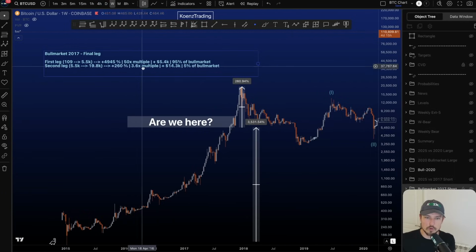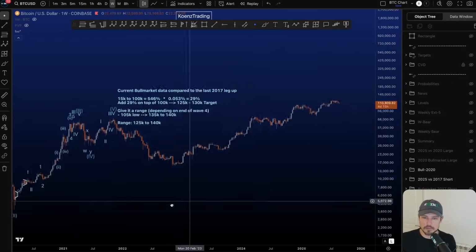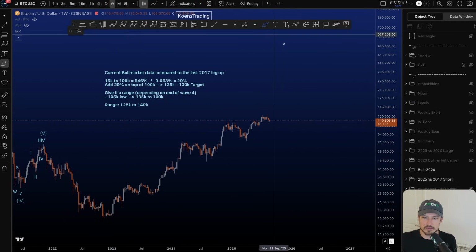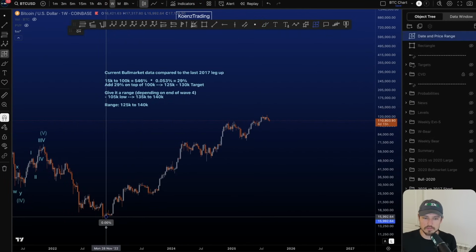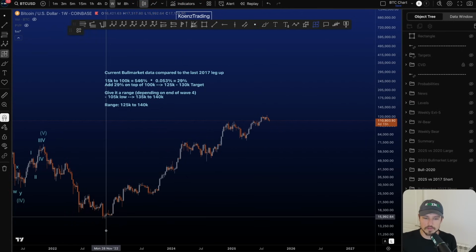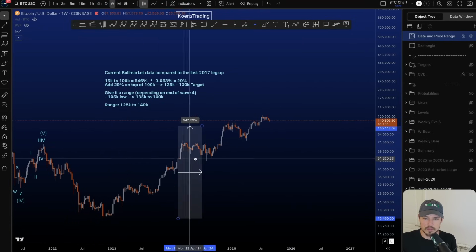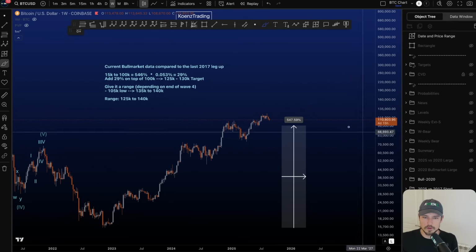So if we now compare this data with where we are at the moment, it's exactly the same, but now I take a percentage from the low at 15.4K and drag it to the upside at about 100K again, again using 100 for the sake of having a round number. Then we get the following.